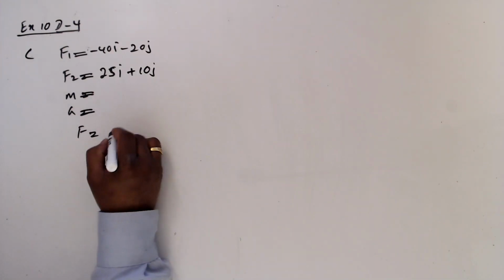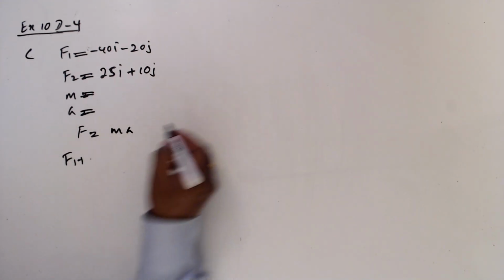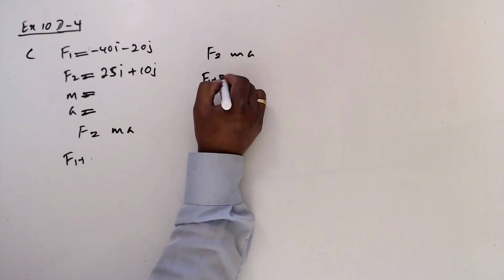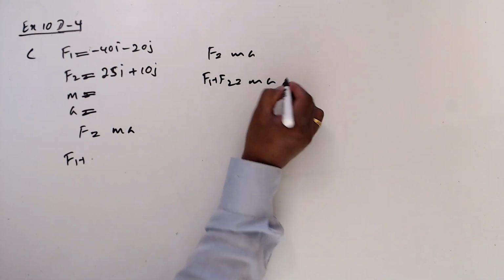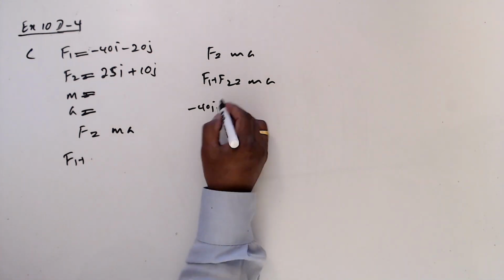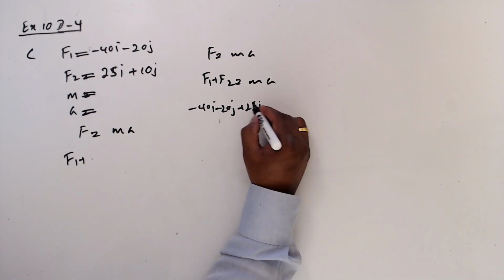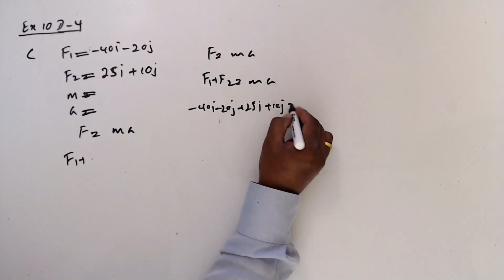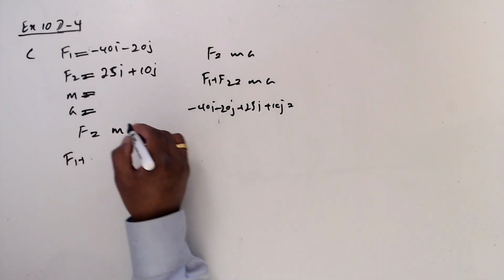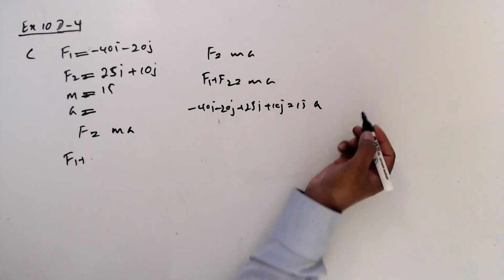F1 plus F2 equals m times a, that is minus 40i minus 2j plus 25i plus 10j equals, m is 15 in this one, so 15 times a.